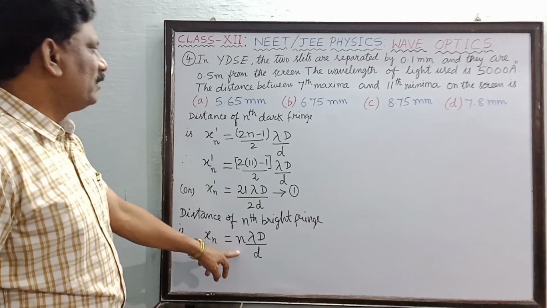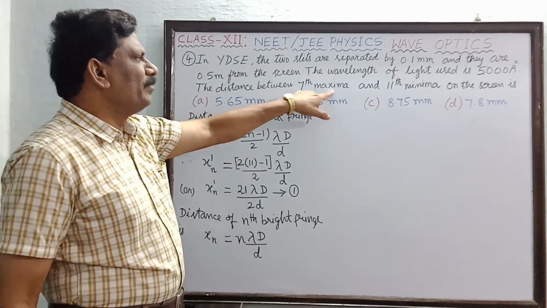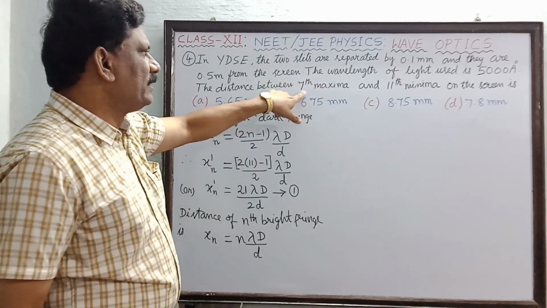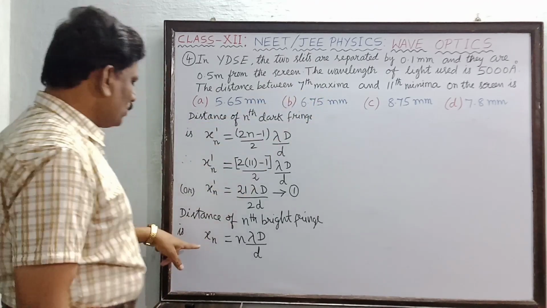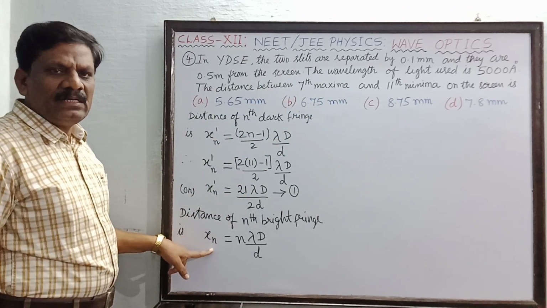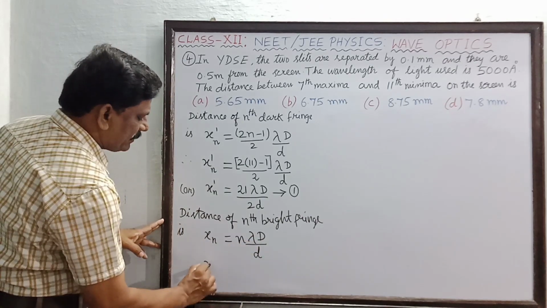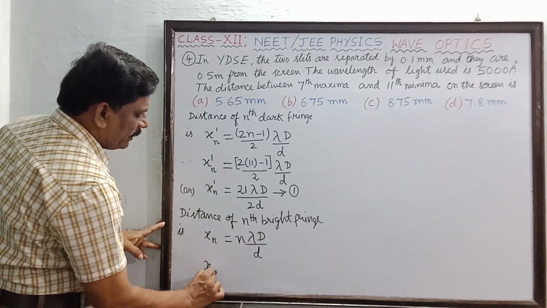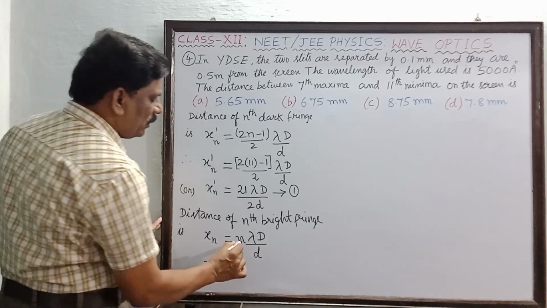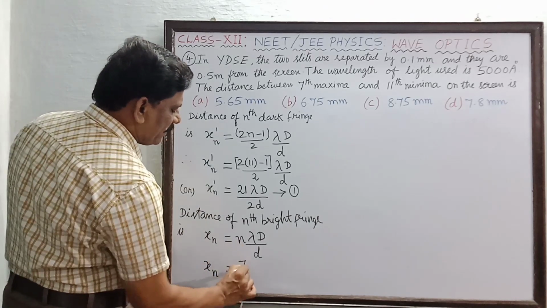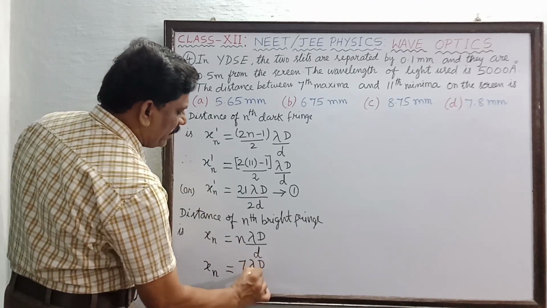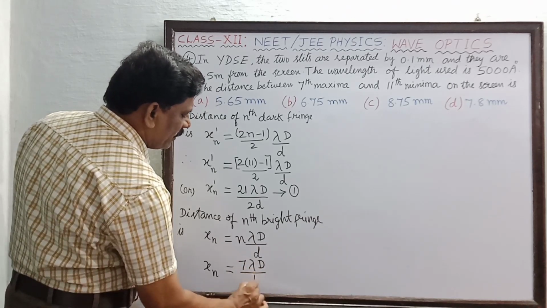So what is the value of n here for the maximum? What is the order? It is the 7th maxima. So here n is equal to 7. So xn is equal to 7 times lambda D by d.